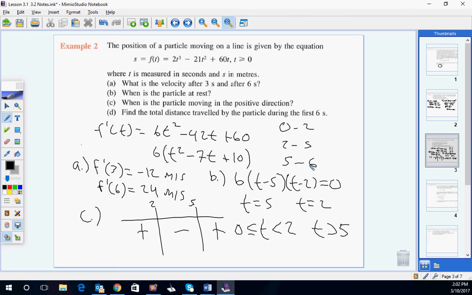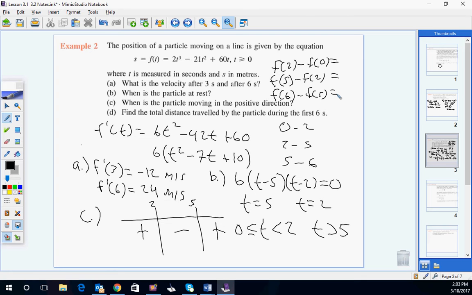Okay, so simply f of 2 minus f of 0, f of 5 minus f of 2, f of 6 minus f of 5. And then we want to add those up. We will absolute value this because if it's going in a negative direction, that's still distance, right?